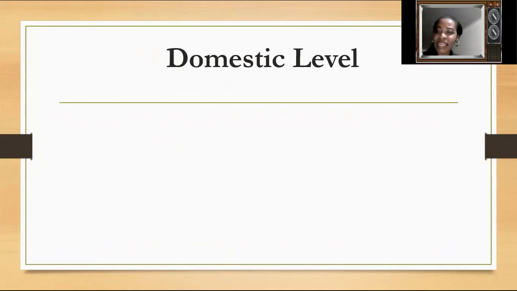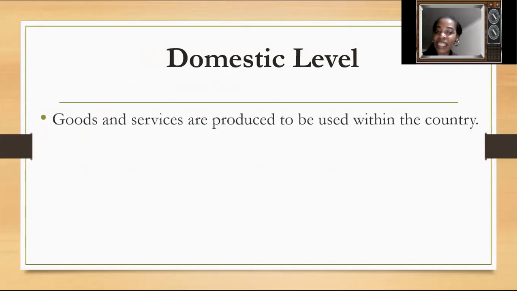What is the domestic level of production? Production of goods and services at the domestic level is usually produced to be supplied for a country or a nation. These goods or services are not usually exported.